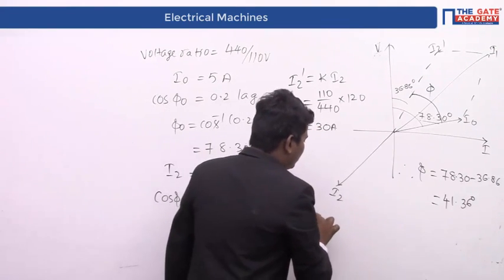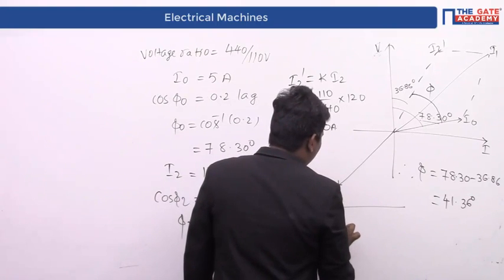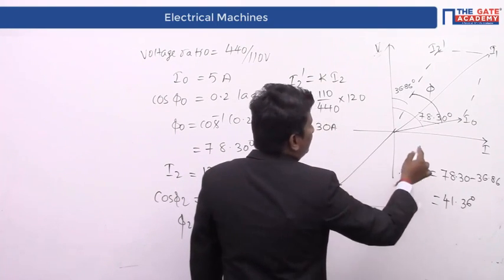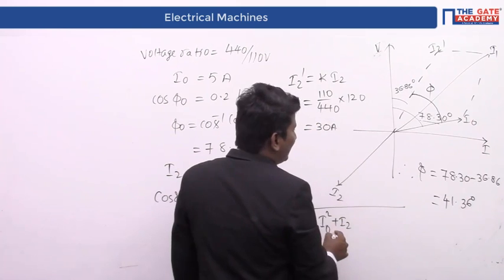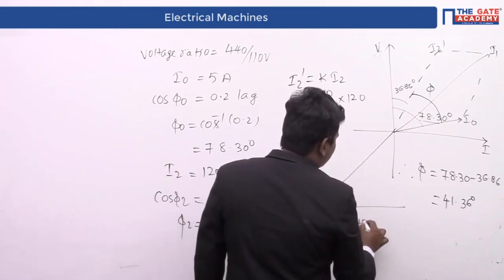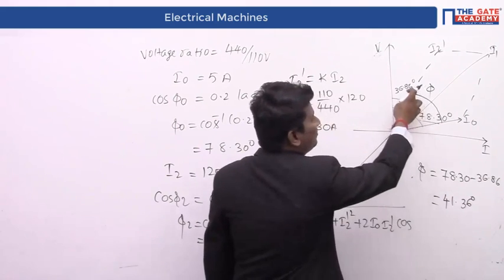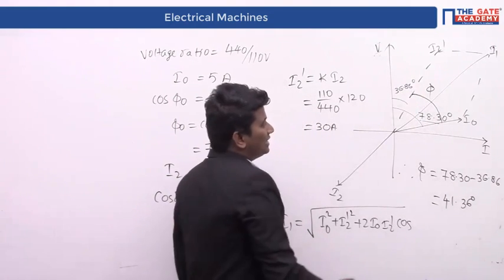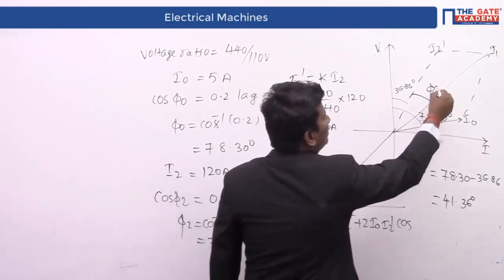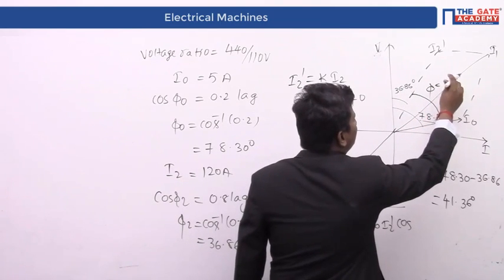Therefore I1 is equal to root of I0 square plus I2 dash square plus 2 I0 I2 dash cosine of the angle between I2 dash and I0. What is that angle?